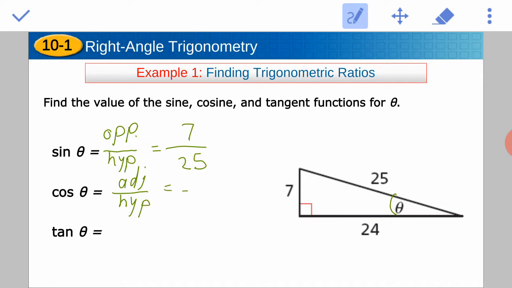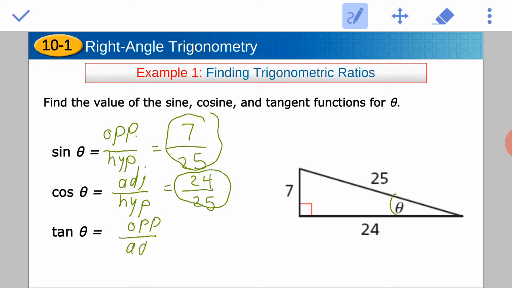The adjacent of angle theta is 24 and the hypotenuse is 25, so the ratio is equal to 24 over 25. Finally, tan theta is equal to opposite over adjacent of angle theta. The opposite of angle theta is equal to 7, the adjacent is 24, and the ratio is also in the simplest form.